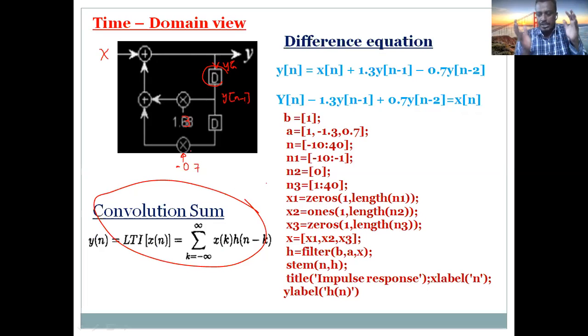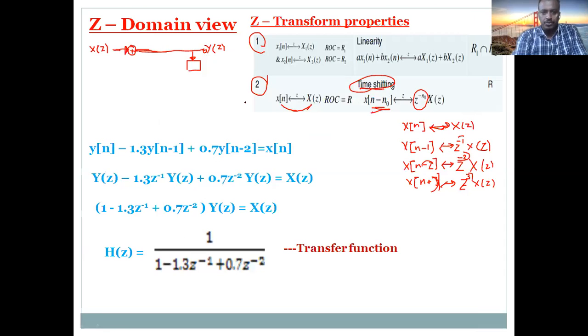So shift in time domain, but when you are working in Z domain, what you have to do? Multiply by z to the power of minus 1. Because look here, x of n minus 1 will be X of z multiplied by what? z to the power of minus 1. So what will be the output? It's multiplication now: z to the power of minus 1 times Y of z.